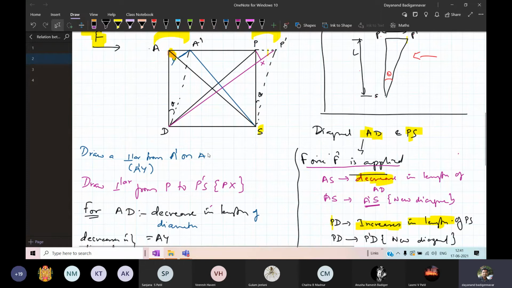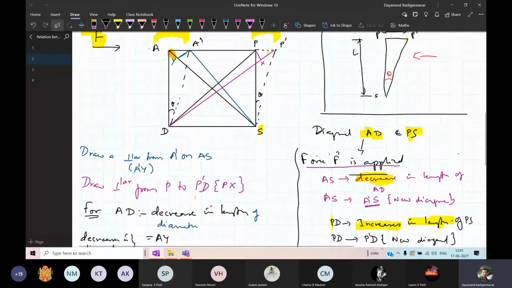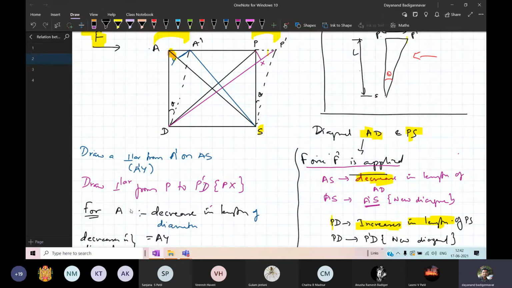This is AS and A dash Y. Draw a perpendicular from P to P dash D, not S. So this is P dash X. AY is the decrease, so I should make it as AS. AS is the decrease in the length of the diagonal.